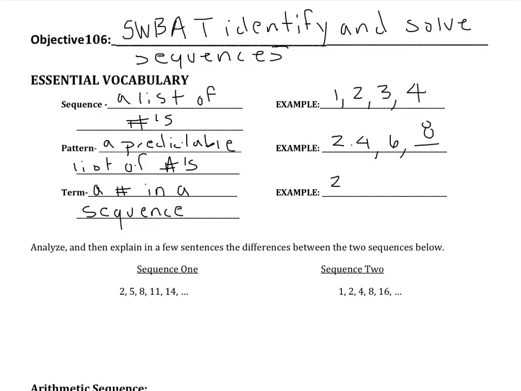So for example, if you had the numbers 2, 4, 6, 8, 2 would be a term. 4 would be a term. 6 would be a term. 8 would be a term. Any of those are terms in our sequence. We're going to get into some different notes, so if you need to, go ahead and pause the video, copy down any definitions that you need to, write down any questions you have.